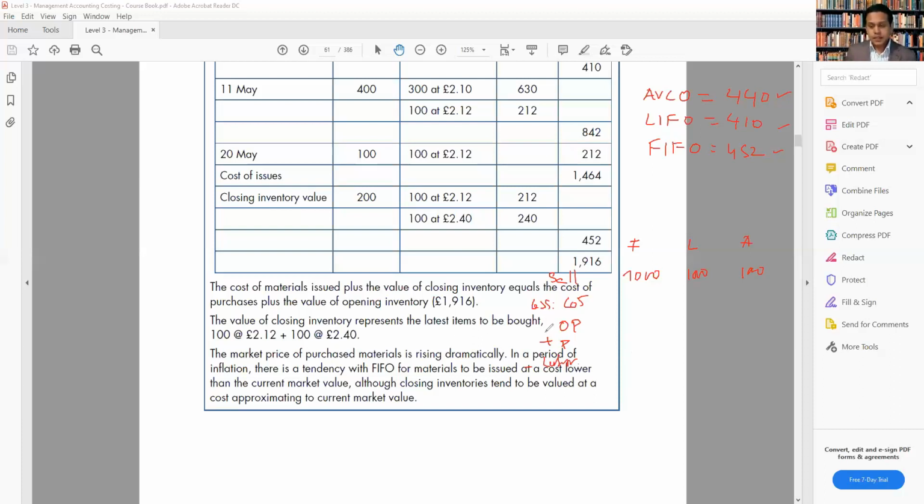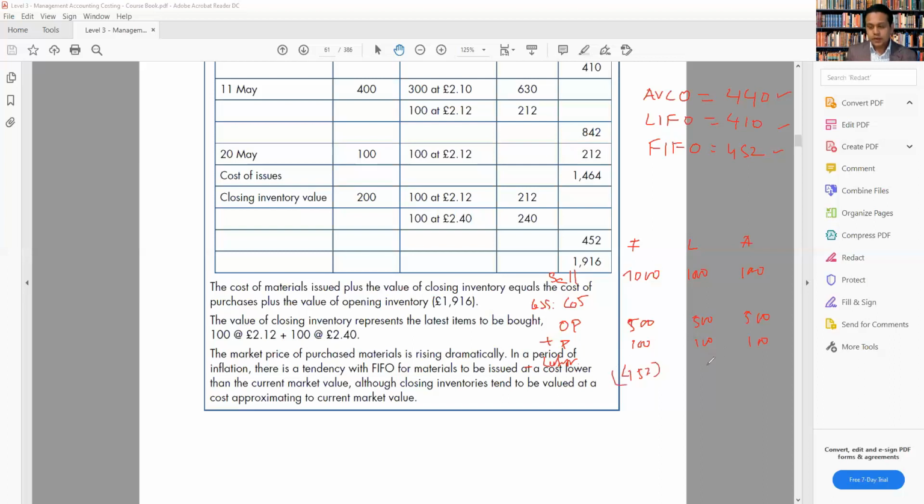Now, for example, let's say you have opening inventory 500, 500, and 500. Purchases, let's say 100, 100, and 100. And now we're going to use the closing inventory that we calculated under these three methods. For the FIFO, my closing inventory was 452.